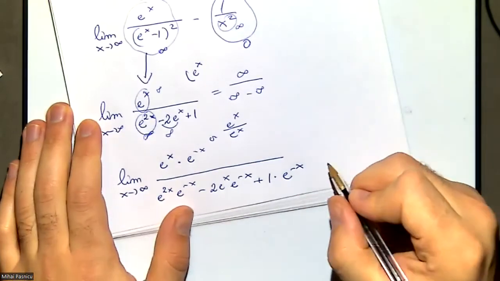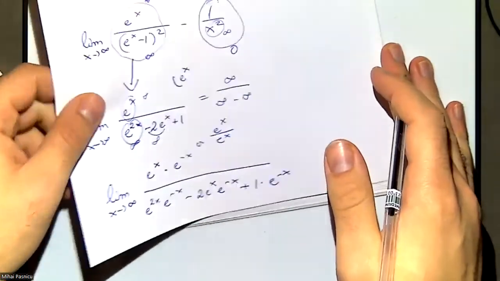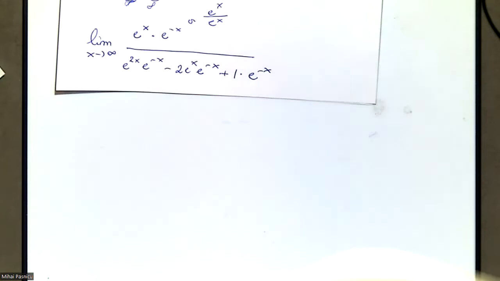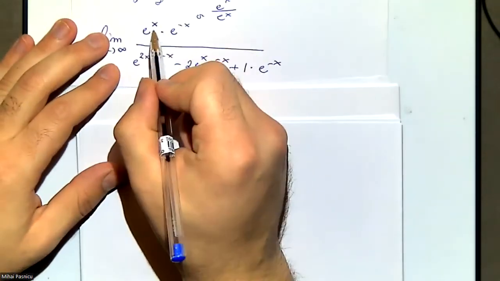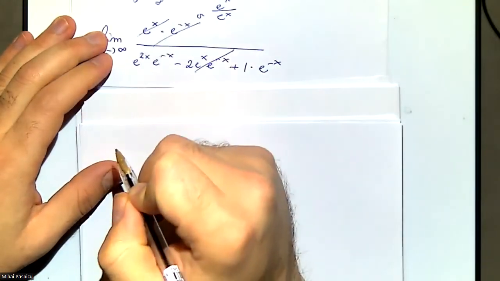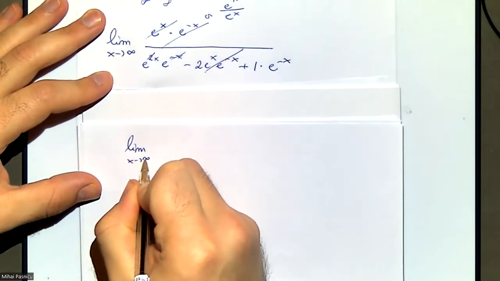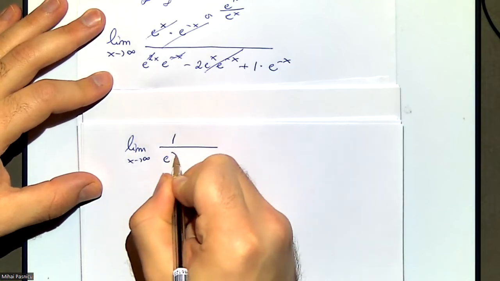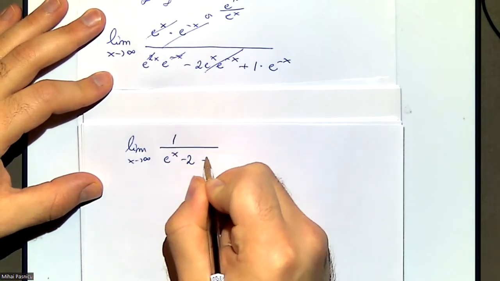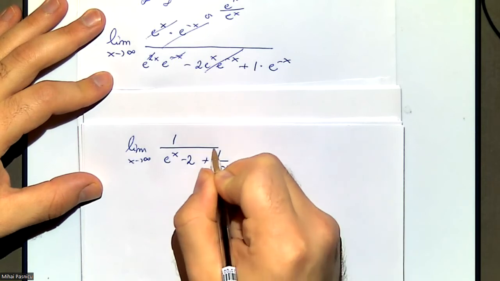It's the same limit, of course, right? So what is this equal to? Let's see, after we eliminate all the minus x's and whatnot. That is my limit. Let's see what I can simplify here. This goes away, this goes away, this goes away. And here I just have e^x left. So my limit as x goes to infinity is 1 over e^x minus 2 plus 1 over e^(-x).